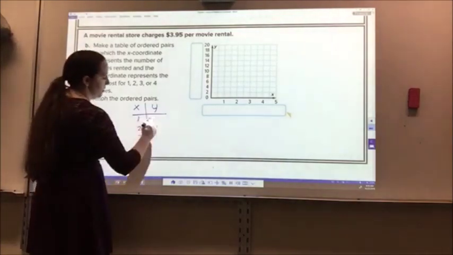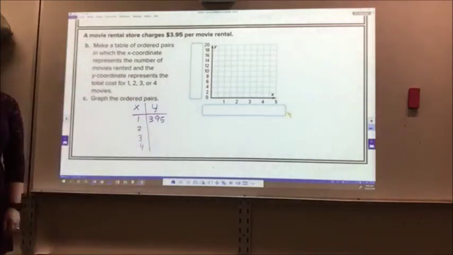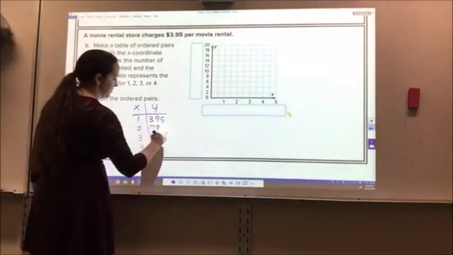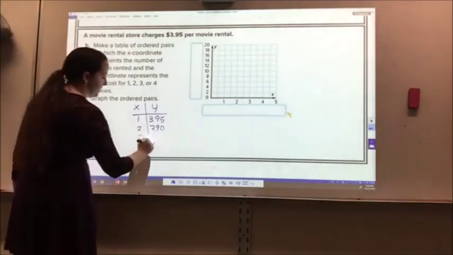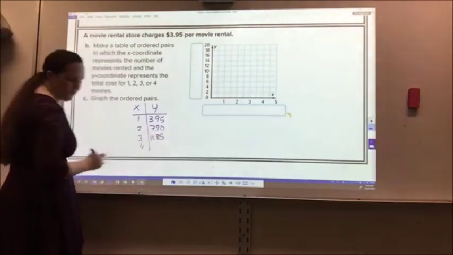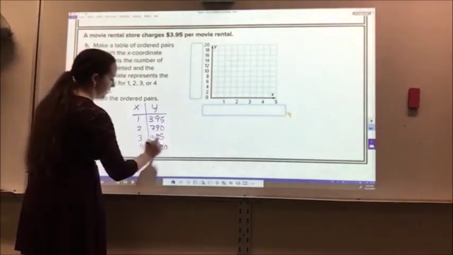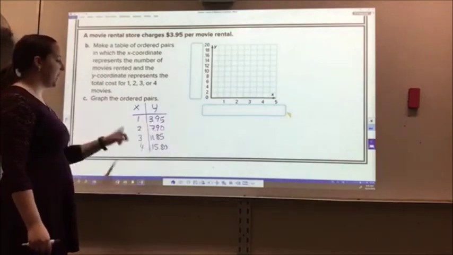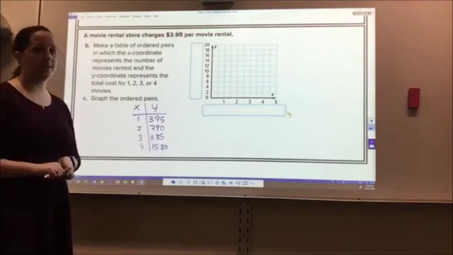So I'm going to do one movie was $3.95. 2 movies was $7.90. 3 movies was $11.85. And 4 movies was $15.80. Okay. I got these by multiplying 1 times $3.95, 2 times $3.95, 3 times $3.95, and 4 times $3.95.